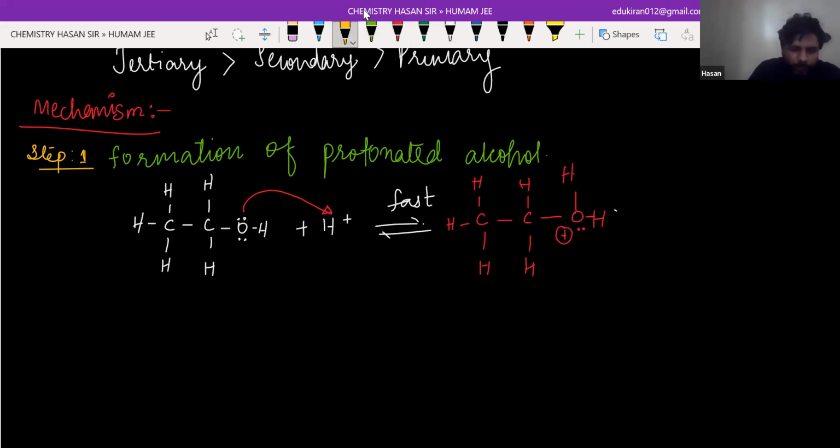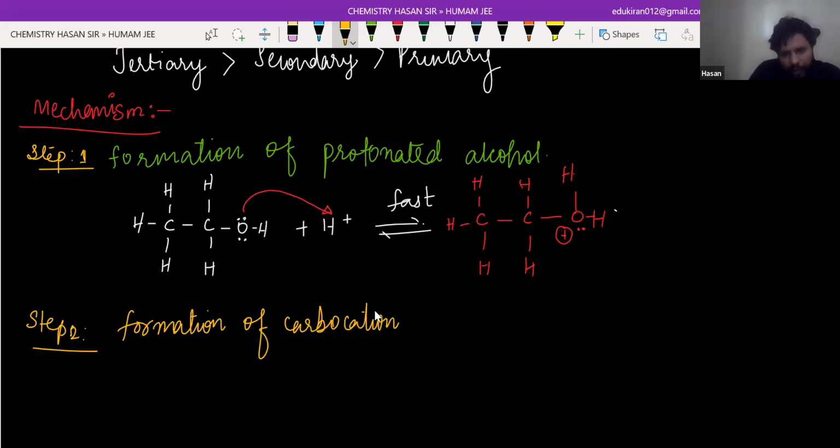Now in the next step, formation of carbocation takes place. As you know, positive charge on oxygen is less stable. So in the next step, formation of carbocation takes place, and it is possible only when oxygen is going to take electrons from carbon.